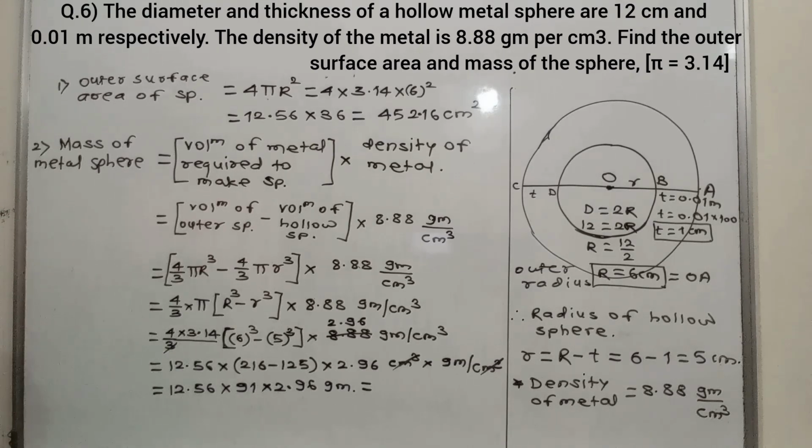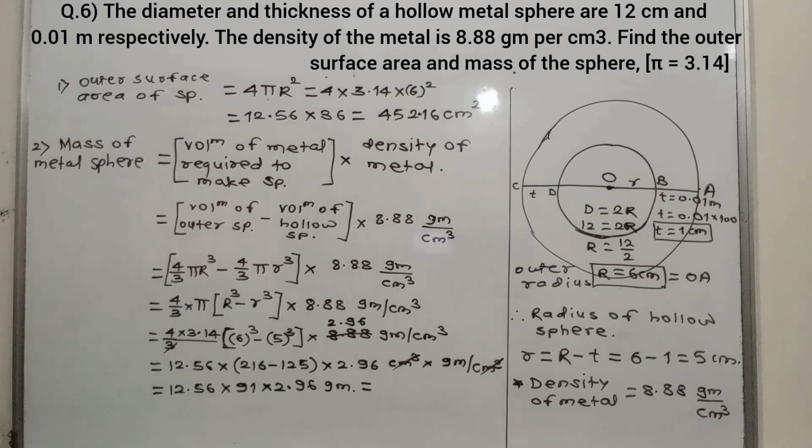After multiplication, see this, 6 into 6, 36. Did you get it? When we do product of these three, then I will show you how to write the answer. Okay.